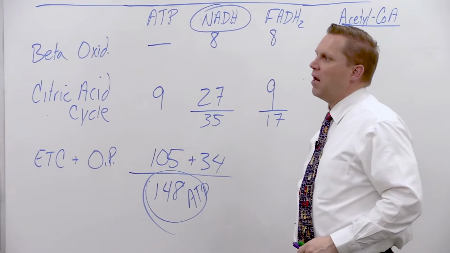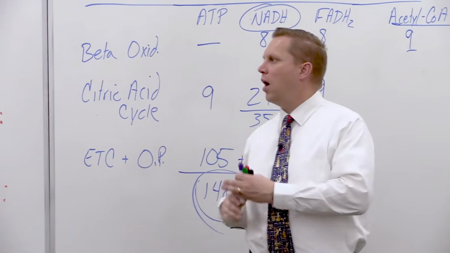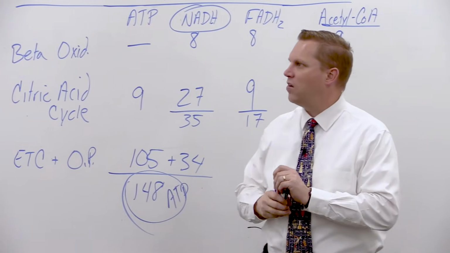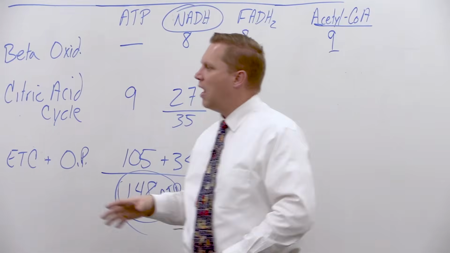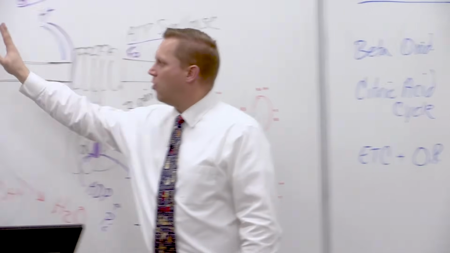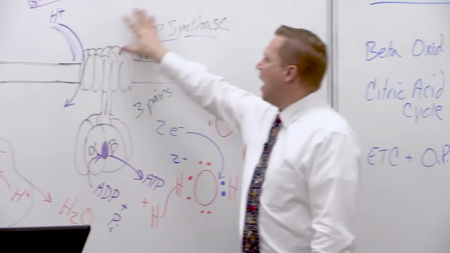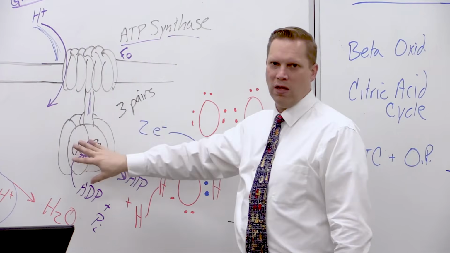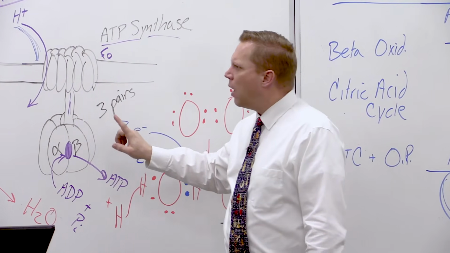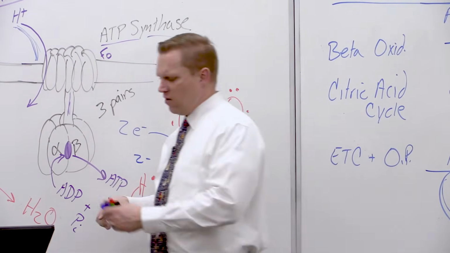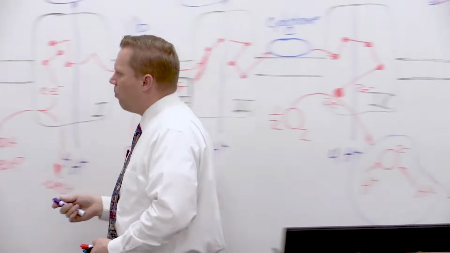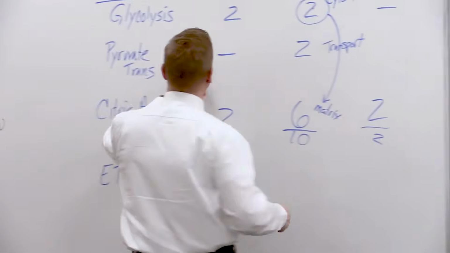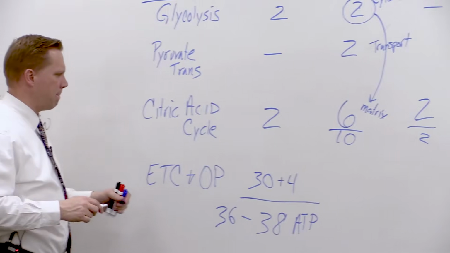So that's a summary of beta oxidation. We've got a summary of cell respiration using glucose, and then we've gone over the electron transport chain and oxidative phosphorylation. Let's come back to one more point over here with glucose.